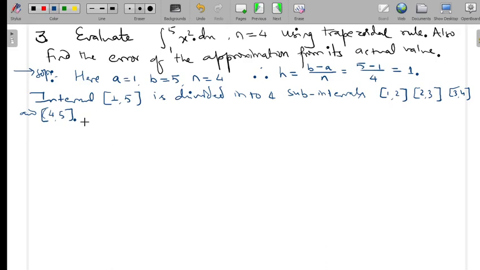Okay, now we have f of x equal x square.